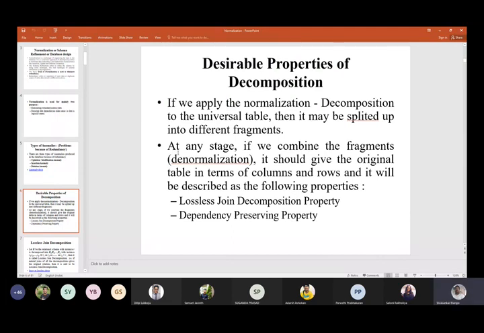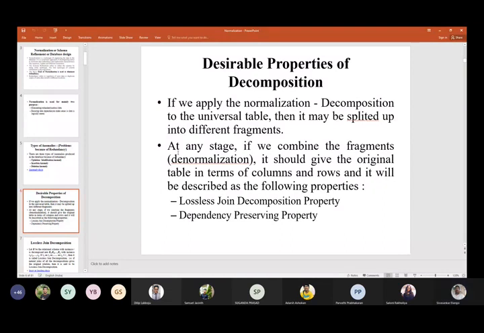So what I mean by lossless join property is this. You have a relation capital R that is decomposed into fragmented relations R1, R2 till Rn.